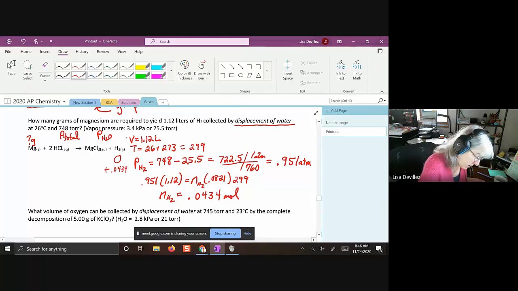This is a 1-to-1 ratio, so 0.0434 would be the moles of magnesium too.